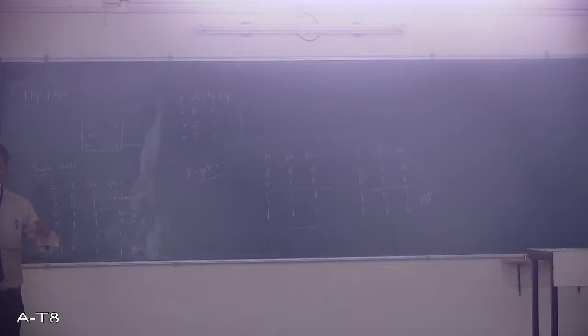If you apply the inputs and apply the clock signal, the output will change. That state we call the next state. Before application of input and clock, that's the present state. After application of input and clock, it is the next state. You just get those 2 differences.